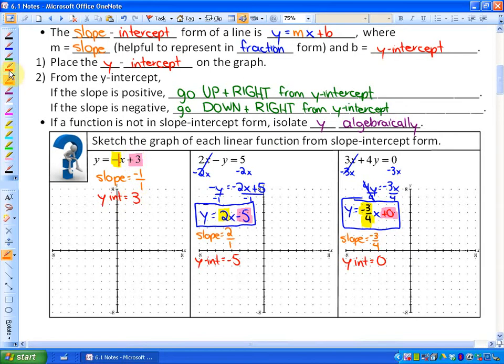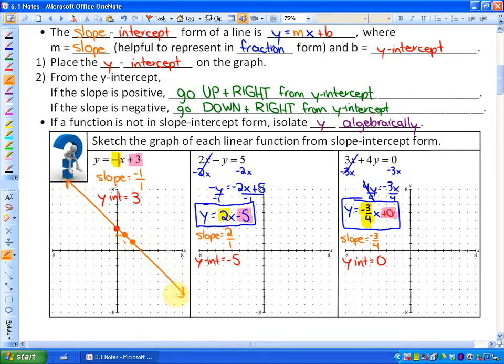So the way I would graph this is start with a y-intercept of 3, and this slope is negative, so it's going to be down and to the right. So from that y-intercept, go down 1 and over 1. You actually only need 2 points to graph a line. So that line described by that function would look something like this.